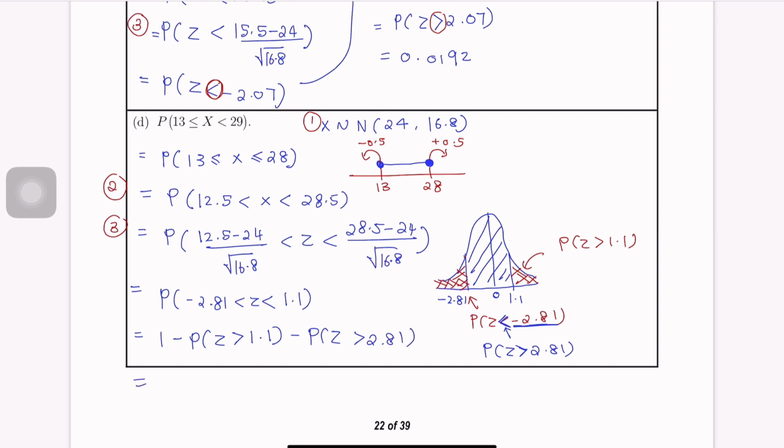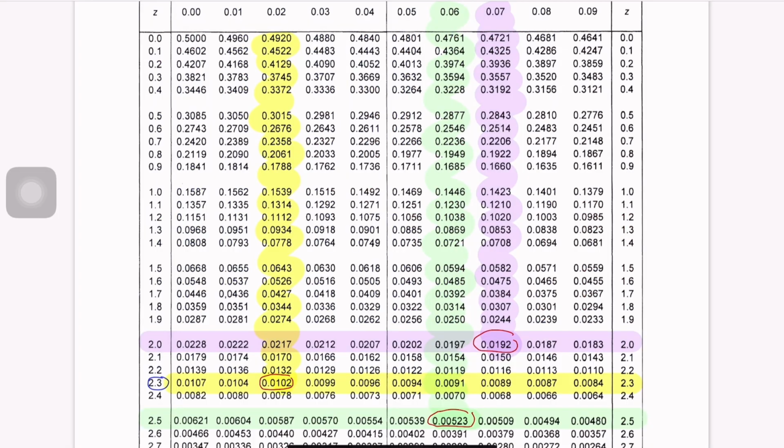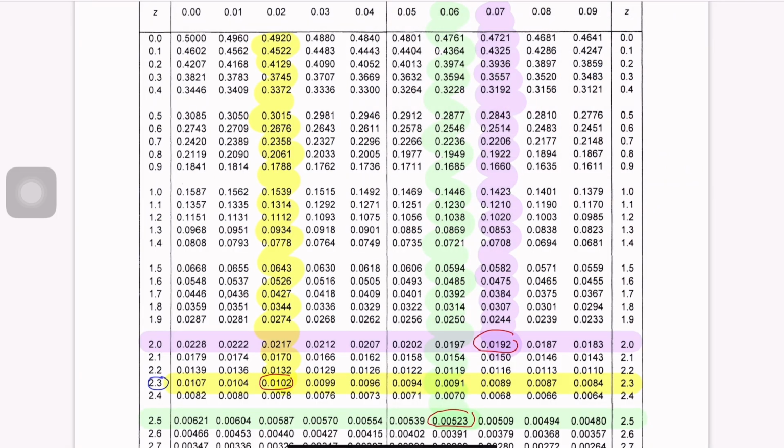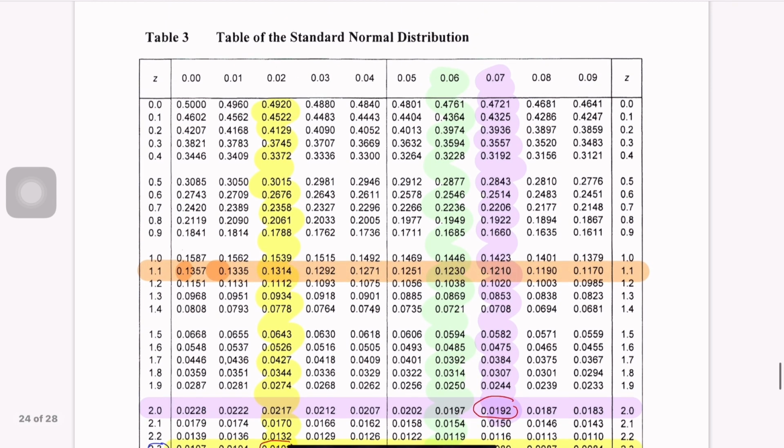And now we will use the table for 1.1 and 2.81. Different color, I think orange. We find the 1.1 first. So 1.1, 0.